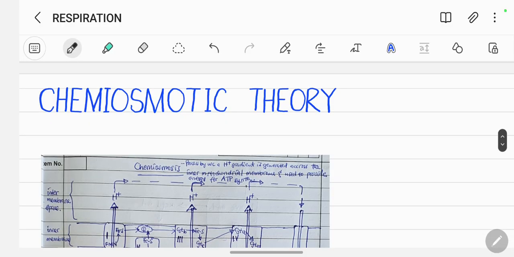Chemiosmosis. The reason why I'm not giving my summary, my essays, is that I made them according to the way I understood the thing. So I need you to also find ways of understanding the thing.